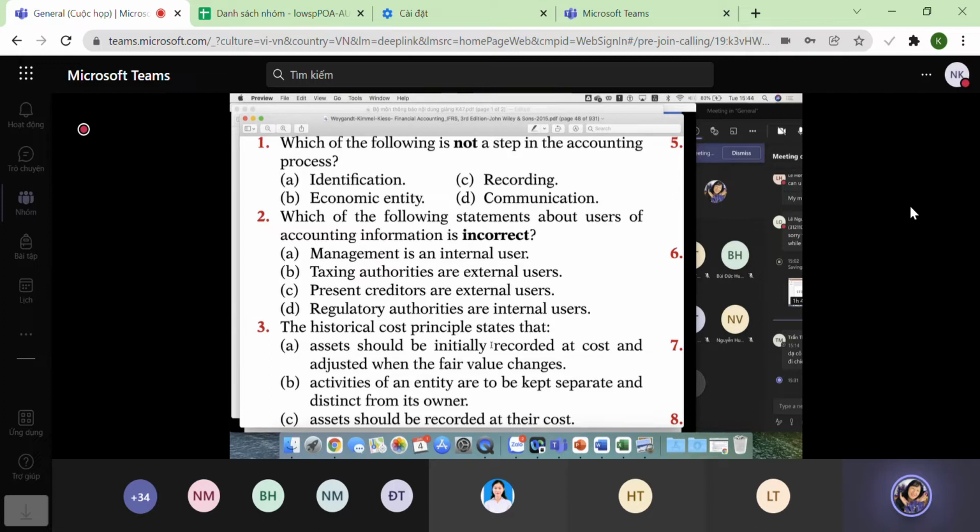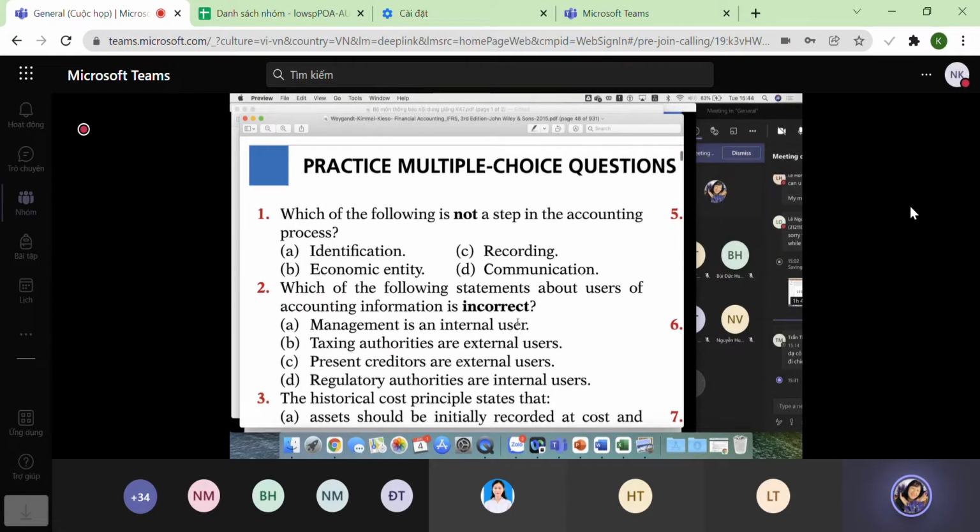Remember, incorrect about users, information users. Which one? The regulatory authorities are external users, not internal users. Okay? We just reviewed these two questions for the first part of our class today.